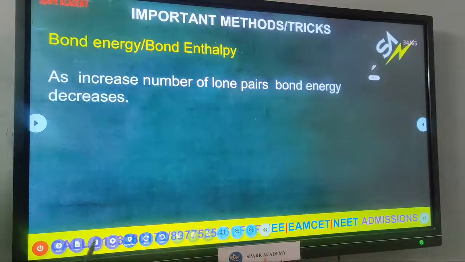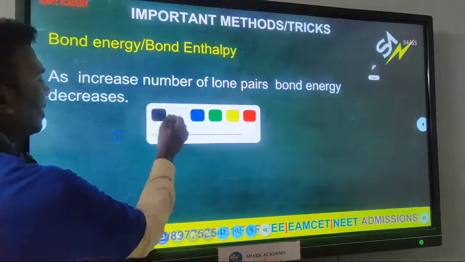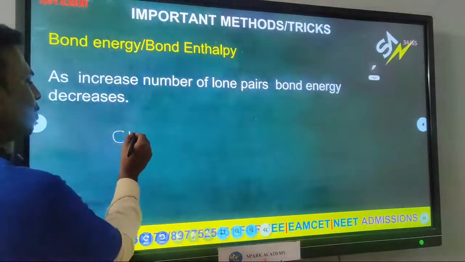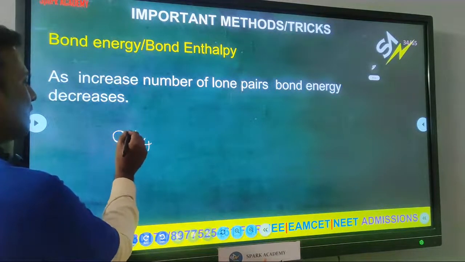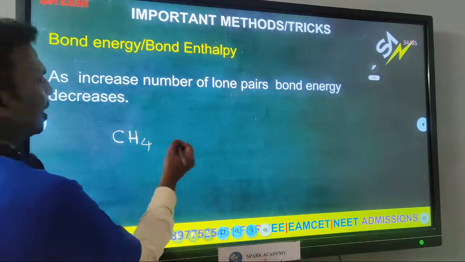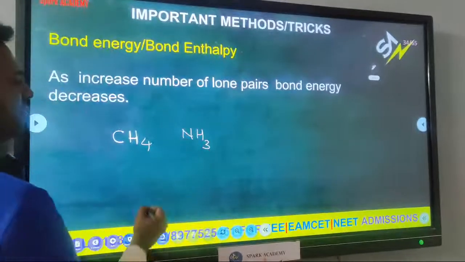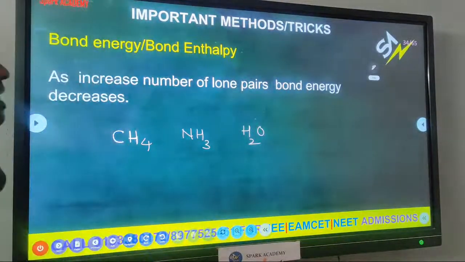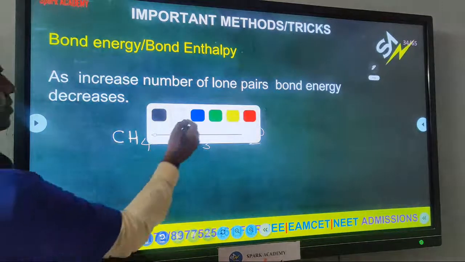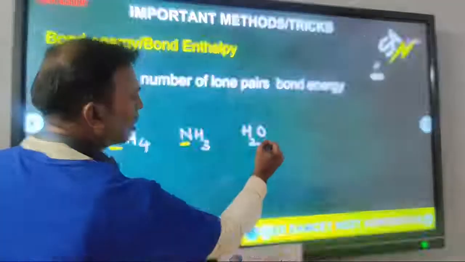So we take the same previous examples again. Which ones are we taking? The first one, CH4. The next one, NH3. The third one, H2O. Again we look at the central atom. The central atom is carbon, nitrogen, oxygen.